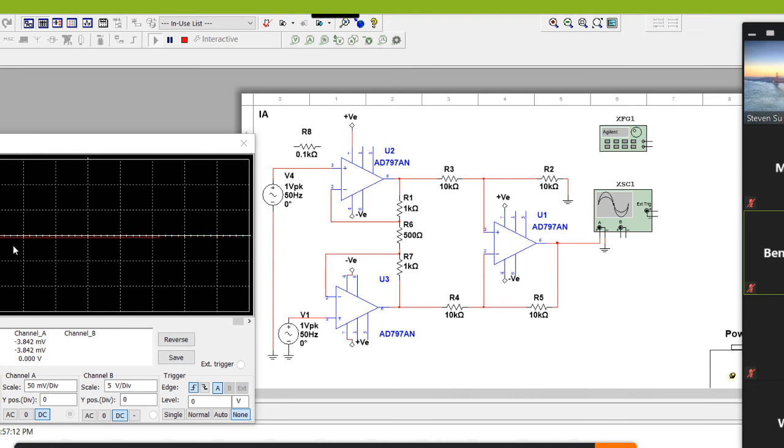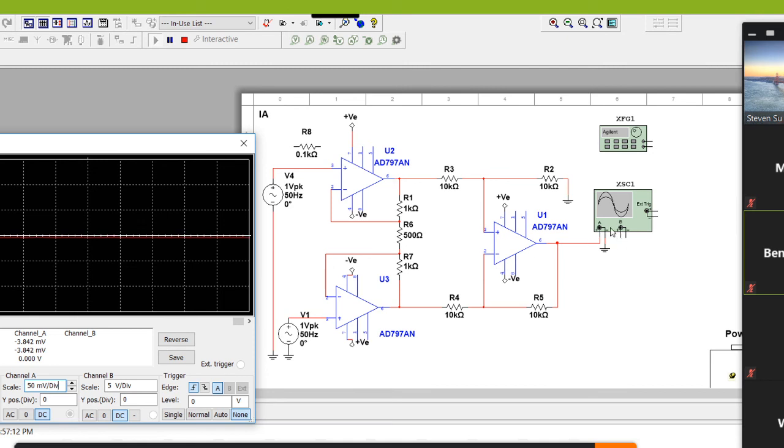So here you can see the output has increased a little bit. This is like an oscilloscope. This semester you cannot use a real oscilloscope if you select the online lab, but this one is exactly similar. You can see you have 2 channels.